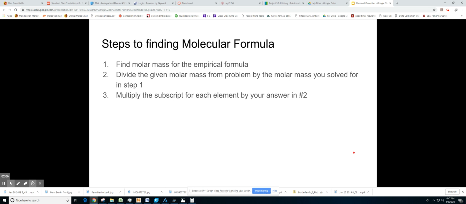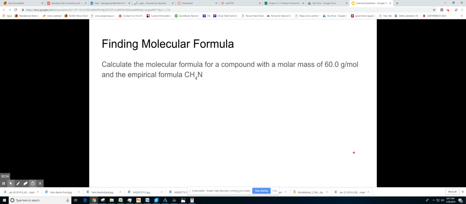So I'm going to take the molar mass that's given in my word problem, and I'm going to divide it by the molar mass that I just solved for in step 1. Finally, I'm going to multiply the subscript for each element in my empirical formula by the answer that I got when I did division in step 2. Okay, a little confusing, but let's try to apply it here.